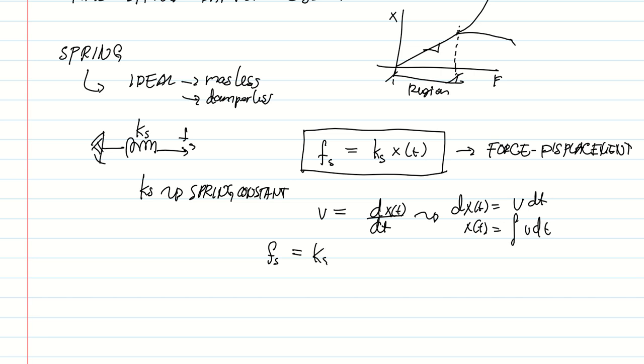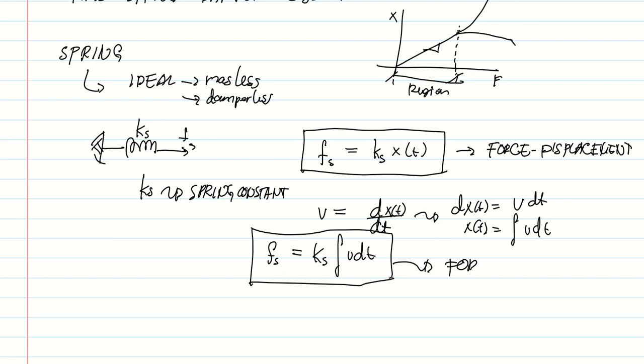So here we have Ks times the integral of v dt. And this will be the model for a force-velocity system. So if you want your velocity to be your output, then use this one.